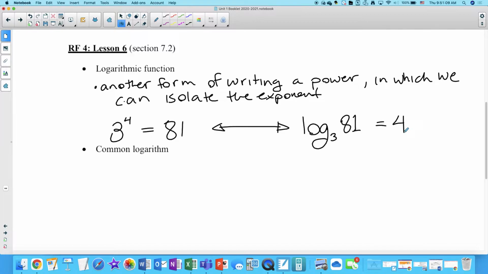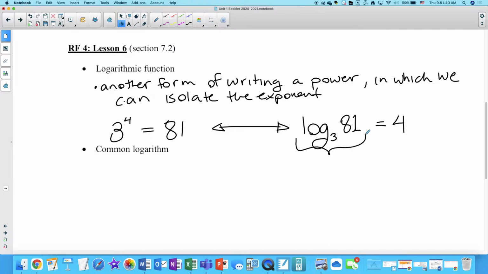Okay, so all of the numbers that we see in a power, including the base, the exponent, and the value, go to different places in logarithmic form. And essentially, when you see this and you want to say what does that equal, what you want to ask yourself is: 3 raised to what exponent gives a value of 81?